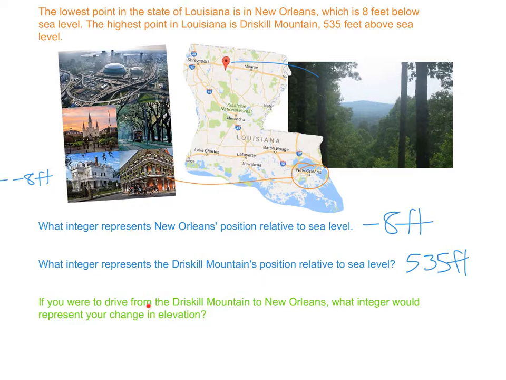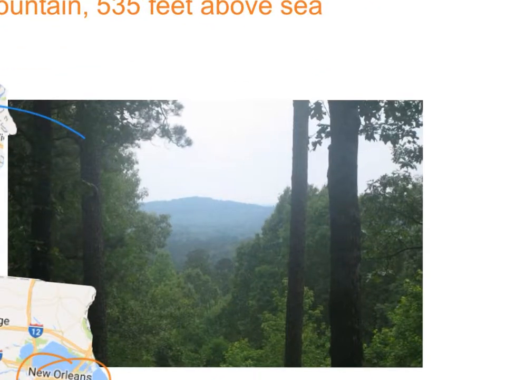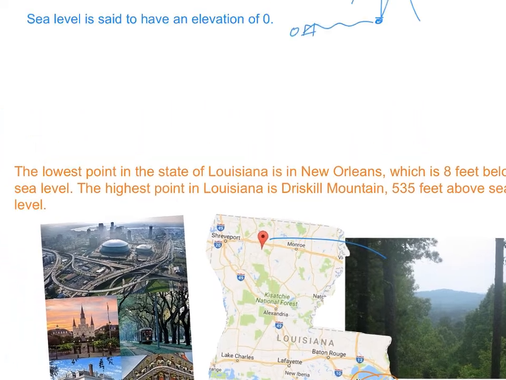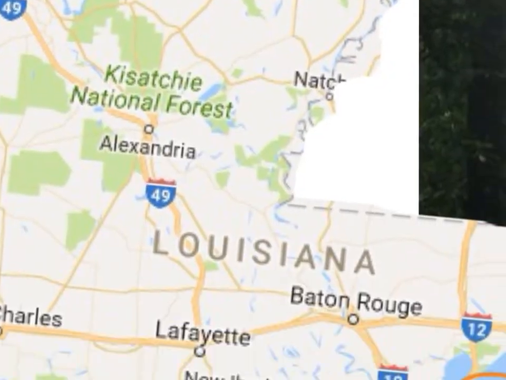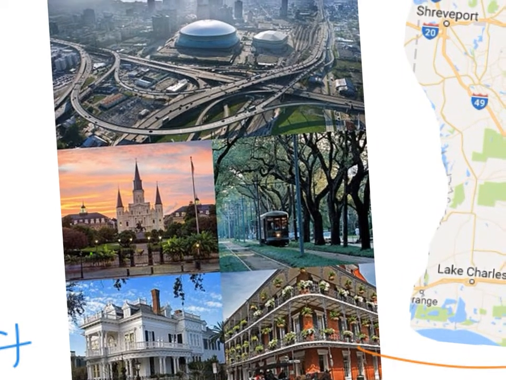And then if you were to drive from Driscoll Mountain to New Orleans, what integer would represent your change in elevation? Okay, so you are going from Driscoll Mountain, which is right there, obviously not very tall, only 535 feet. Driving from there down to New Orleans, which is beautiful. You should visit if you never have.